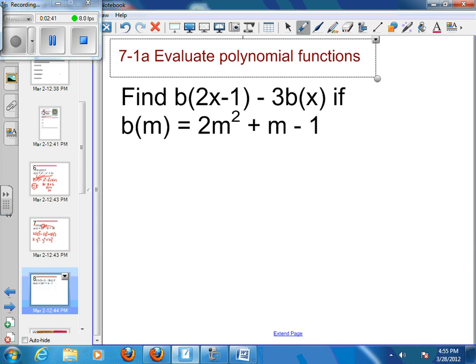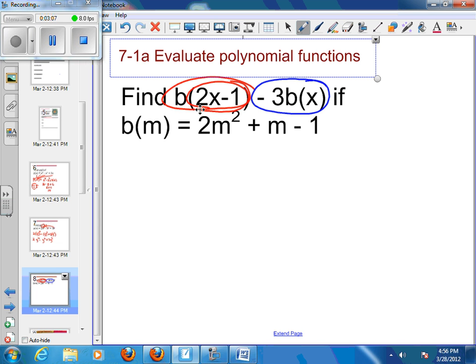So again, we are going to be putting in whatever is inside the parentheses in for our variable in each case. But this time I'm going to have to do it multiple times. So I'm going to do red for my first part, and then I will switch to blue to take care of my second part to kind of keep them straight. So the first part is I want to take b of 2x minus 1.